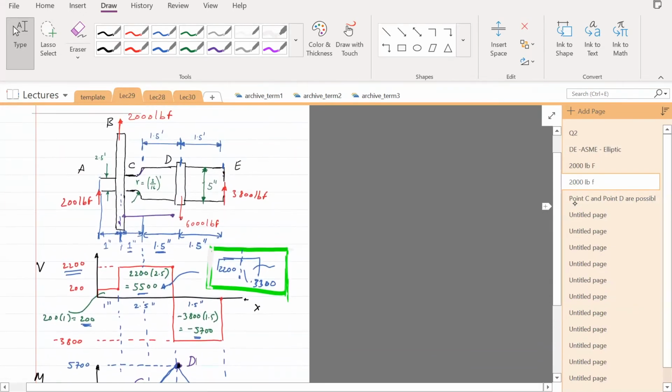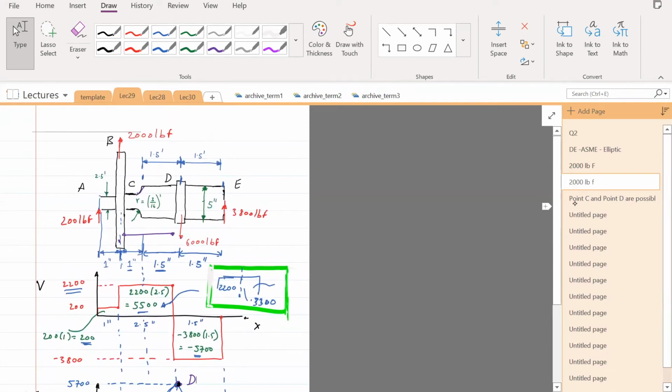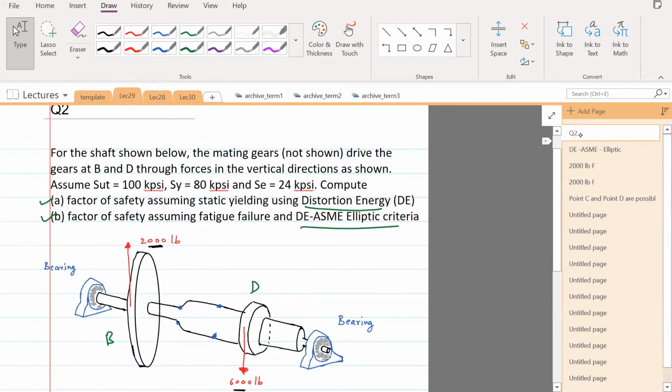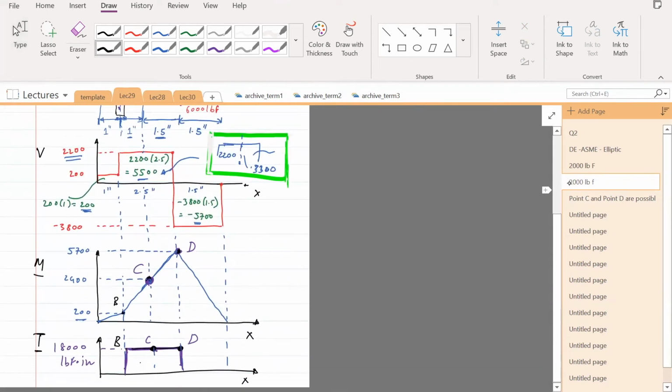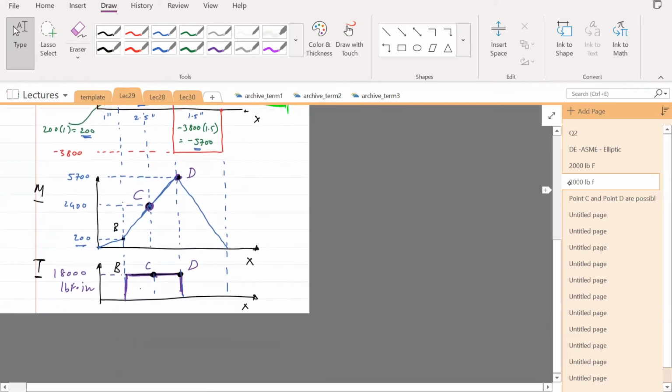So what's happening here is that the mating gears are transmitting torques, right? Since the torque is being transmitted, in this case, we're going to assume that the mean torque is whatever we get from that figure. So that's going to be the mean torque, 18,000.